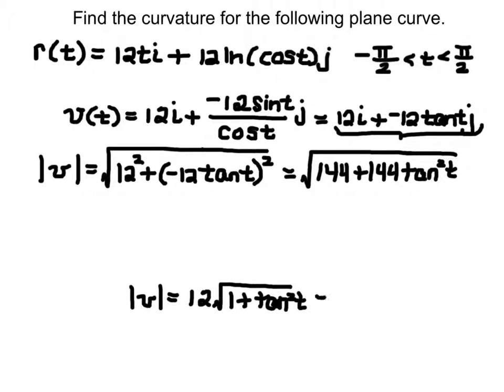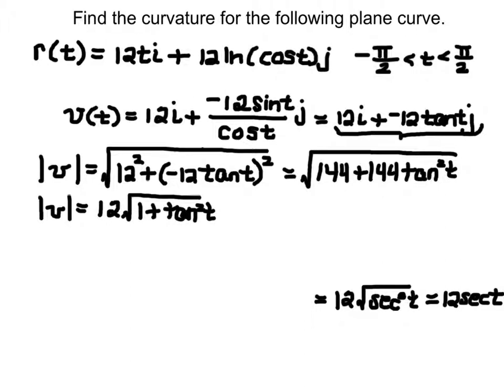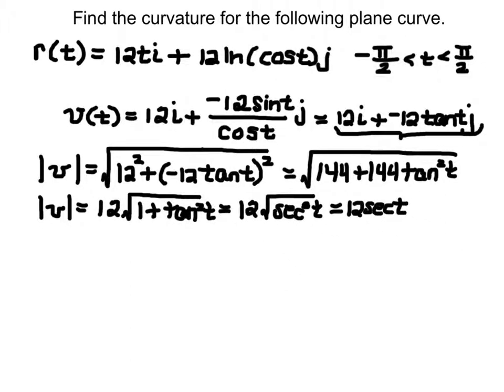And this is equal to 12 times the square root of secant squared t, which simplifies to 12 secant t. So let's move this up, and here we have the magnitude of the velocity.